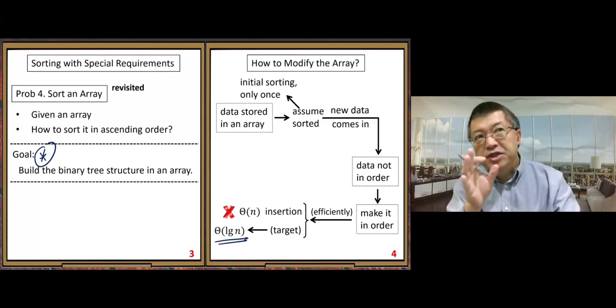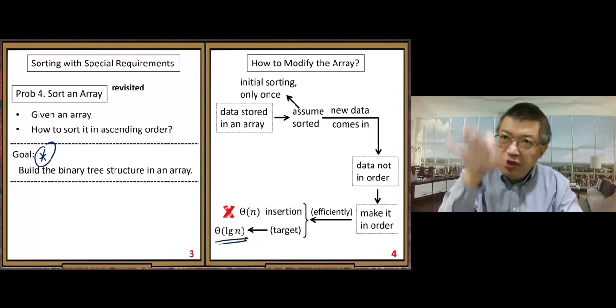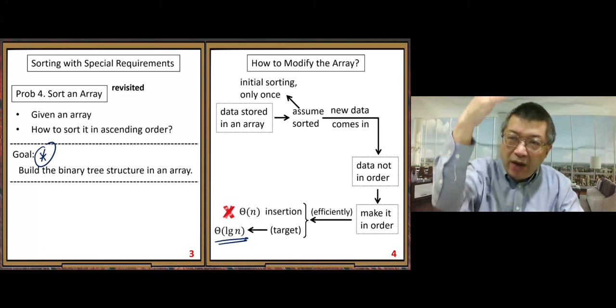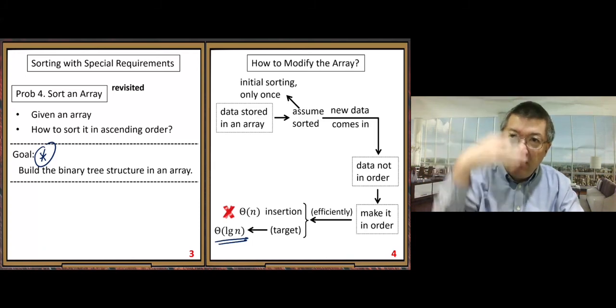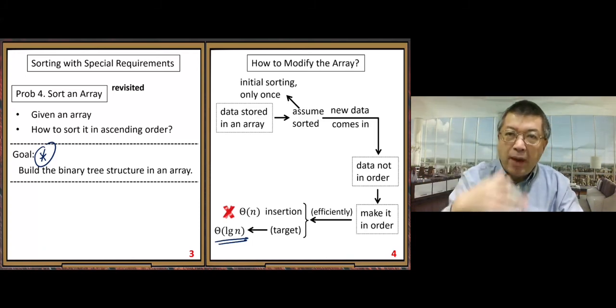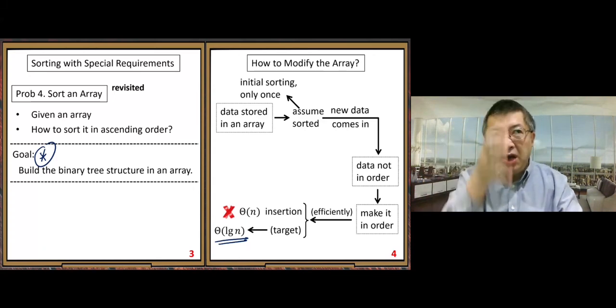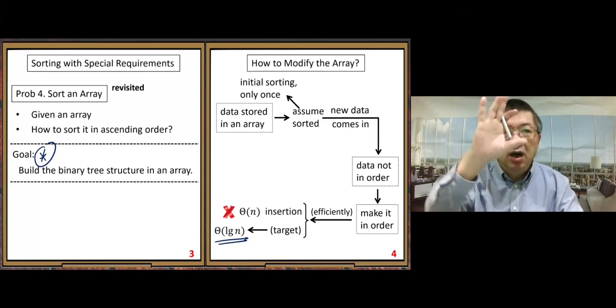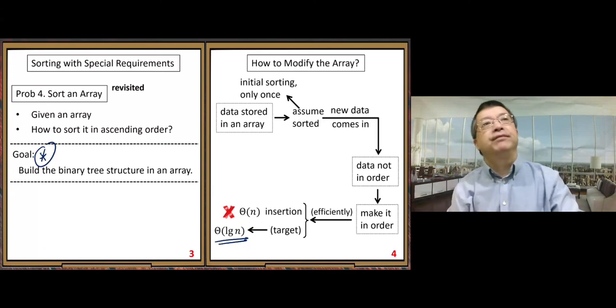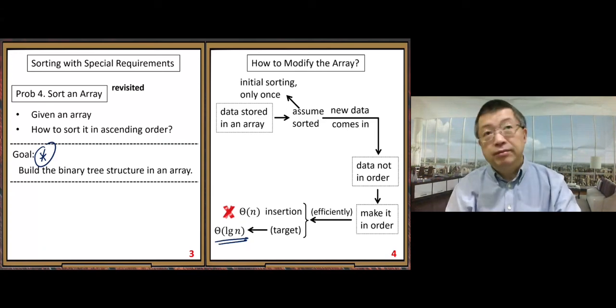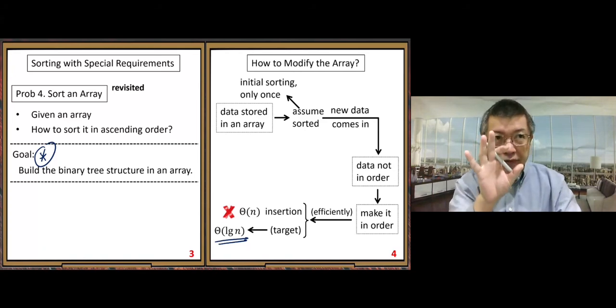If we organize our data in a binary tree structure, then from the root to the bottom level, the height corresponds to log of n. If that's possible, we will take that solution.